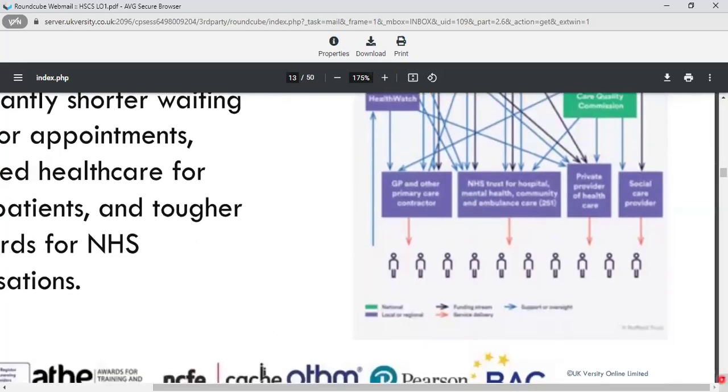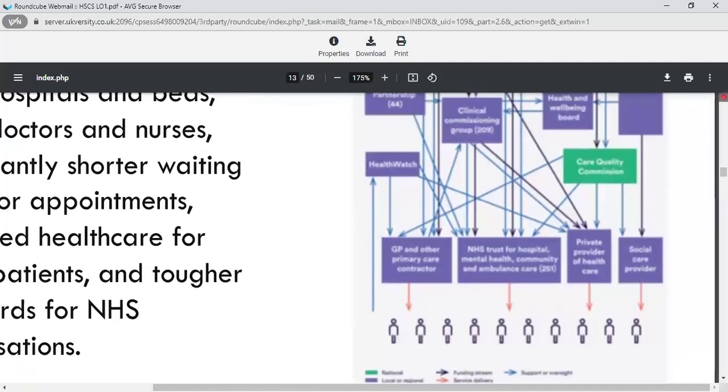And the arrows show national and local levels. There are different arrows: the red arrows show service delivery, and support is shown by green arrows. So there are certain organizations that provide support, and there are certain organizations that support in terms of finances.